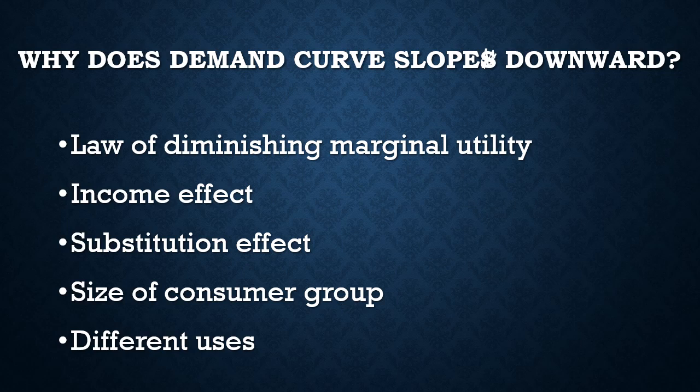In the next lecture, we'll discuss the exceptions to the law of demand, also very important, and change in quantity demanded and movement along the demand curve. We shall discuss these topics in the further videos, but till now we have discussed the law of demand, its assumptions, and why the demand curve slopes downward. Your homework: explain the law of demand with the table, diagram, and also explain the assumptions.